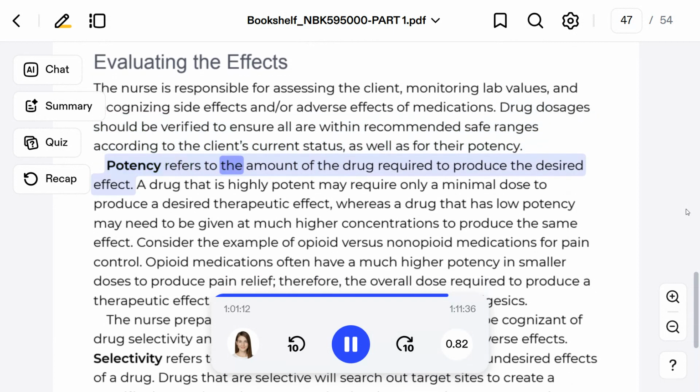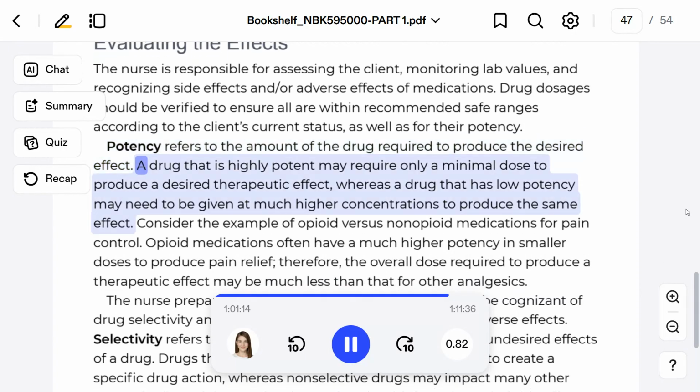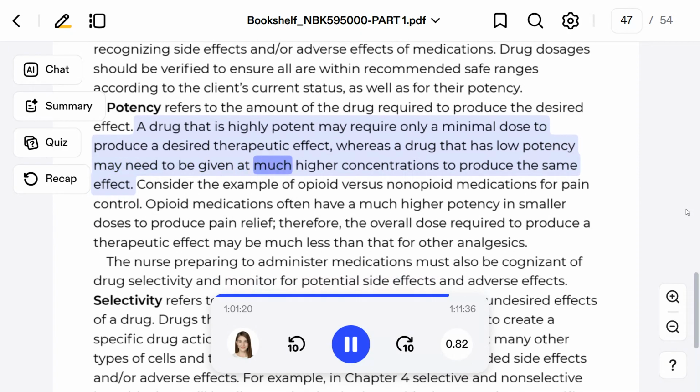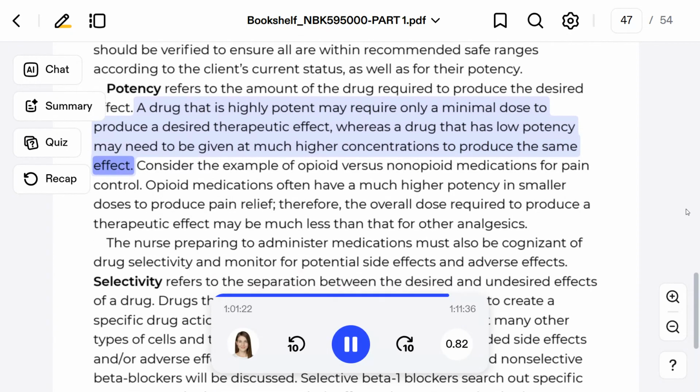Potency refers to the amount of the drug required to produce the desired effect. A drug that is highly potent may require only a minimal dose to produce a desired therapeutic effect, whereas a drug that has low potency may need to be given at much higher concentrations to produce the same effect.